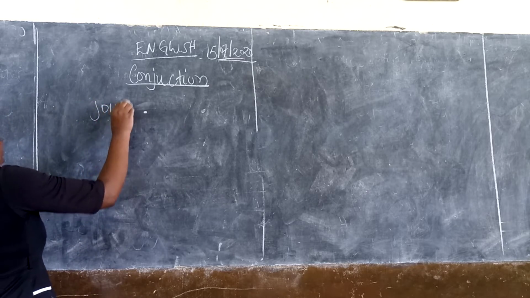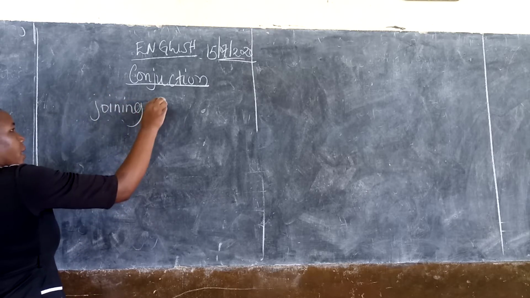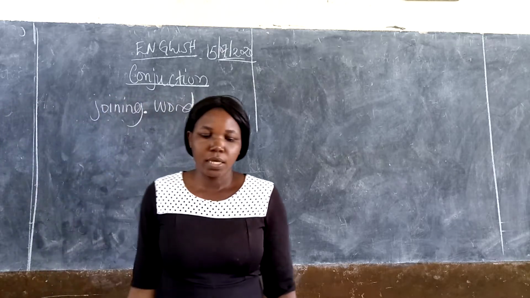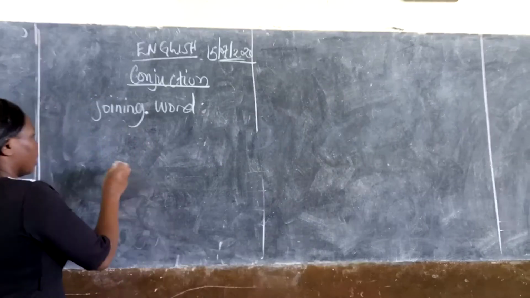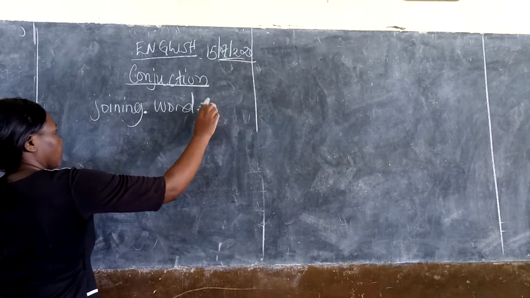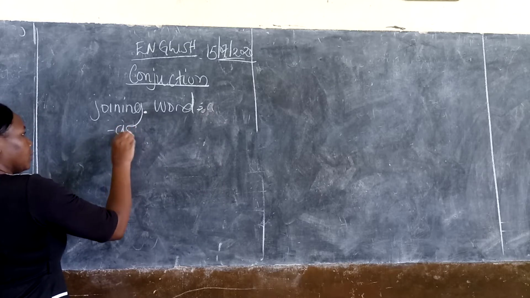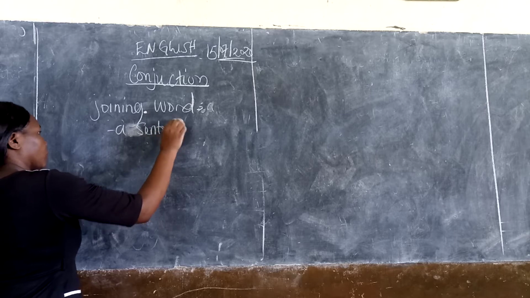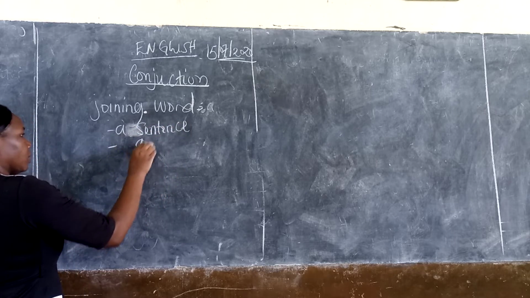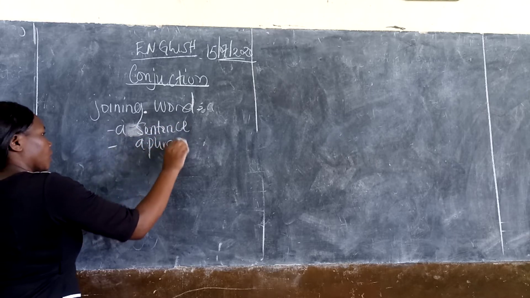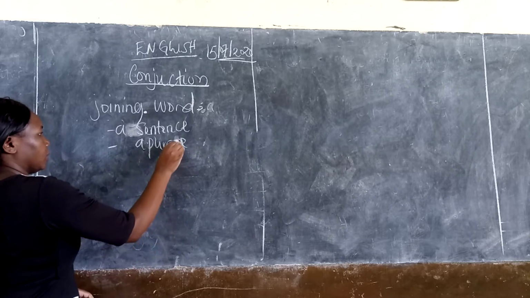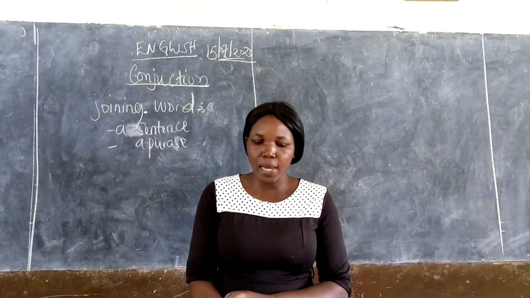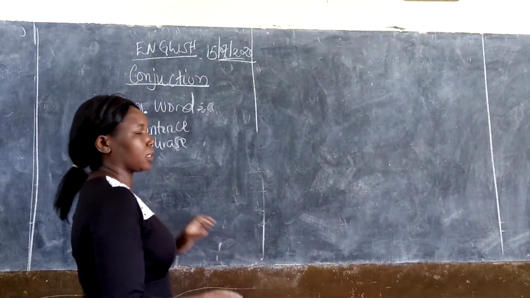Conjunction is a joining word. It can join two sentences, it can join a sentence, a phrase, or join other words.